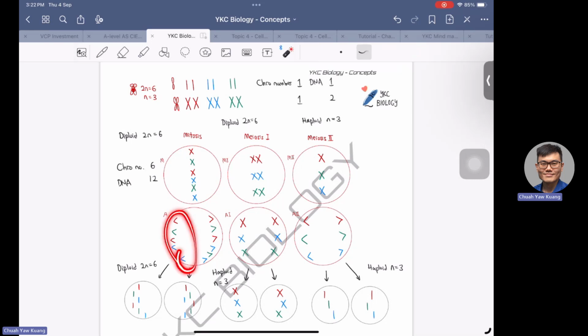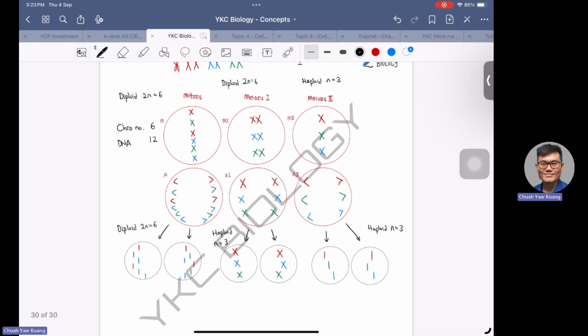Now after anaphase and telophase, all the chromosomes have been separated into 2 daughter cells. In each daughter cell, the chromosome number is 1, 2, 3, 4, 5, 6, so the chromosome number equals 6, while the DNA content is also 6. So the DNA content has been reduced to 6.